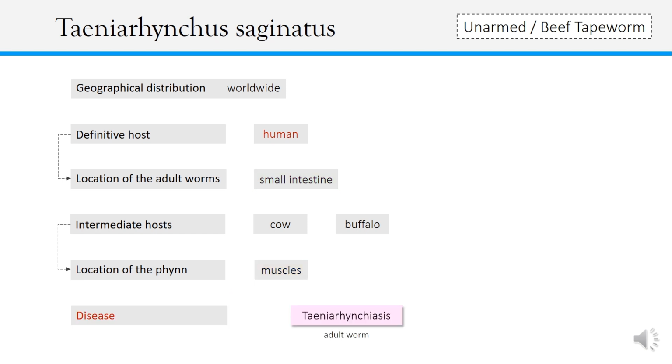The disease is named Taeniarhynchosis, and it is caused by the adult worm. As you see here, human cannot be an intermediate host. That is why this parasite may be a source of disease only caused by the adult worm, but not by the immature form of this parasite.